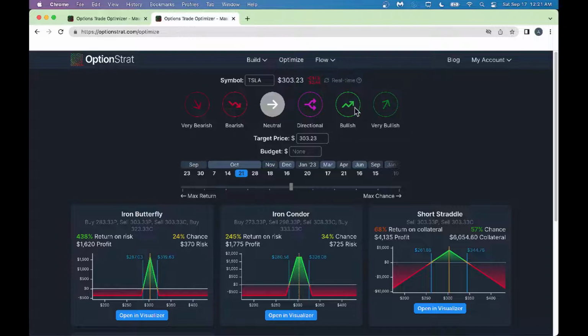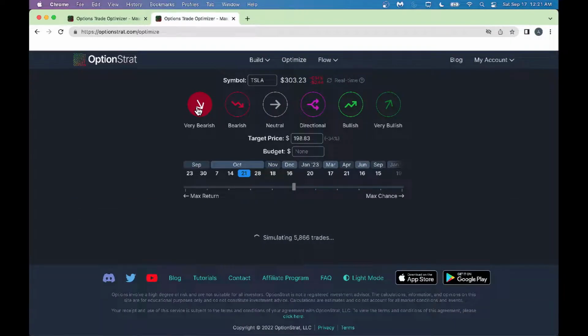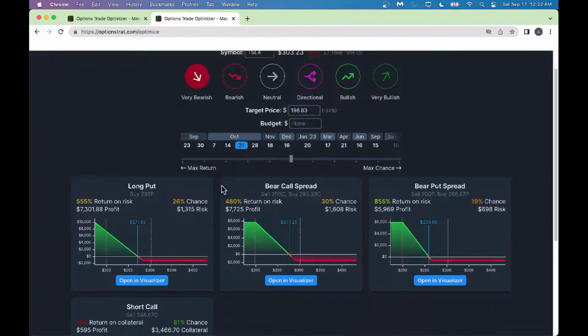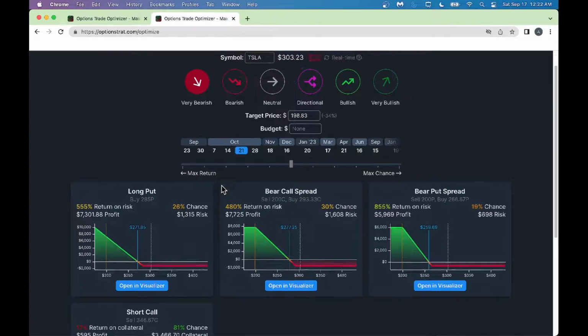So if you want to go with the bullish strategy on Tesla, we looked at earlier, call option and call spread. If you want to go bearish, you could sell a call spread and make some money here. Or even you could do another strategy. Look, very bearish here.